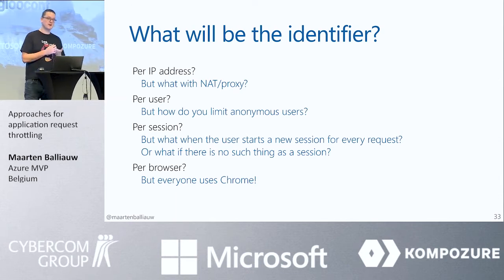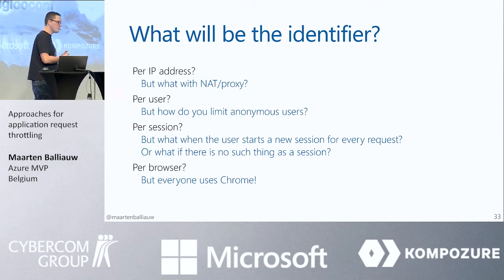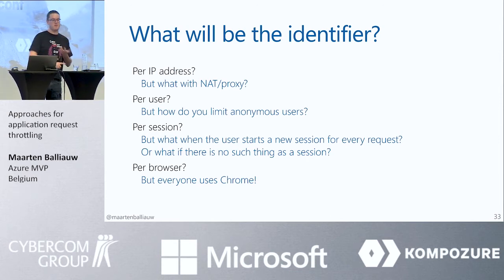Maybe you want to track per session, so that you can rate limit every one of those 25,000 build agents hitting your service, right? But what do you do with anonymous users? What do you do if there's an API where you cannot enforce sessions? So you have to think about that as well. Maybe you want to limit per browser, per session, per user, per IP address.